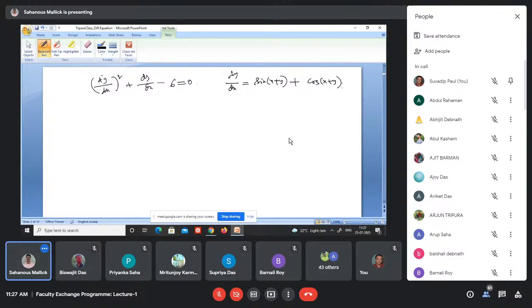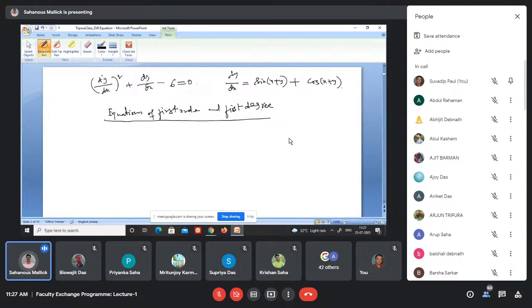Now, we study equations of first order and first degree.